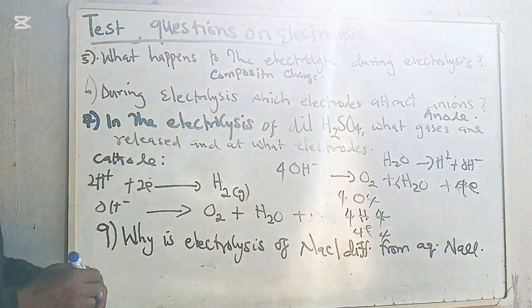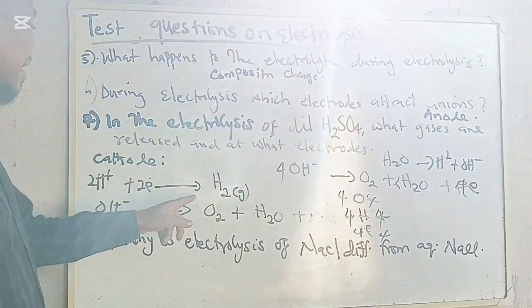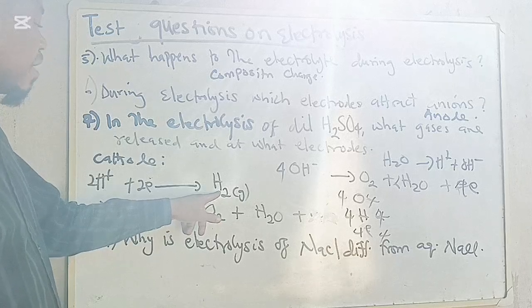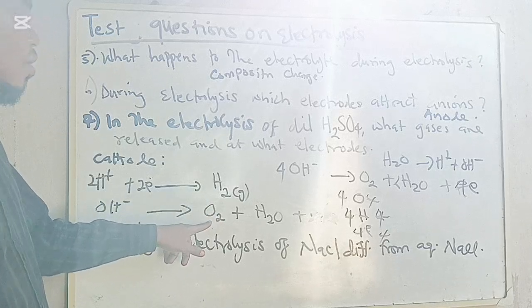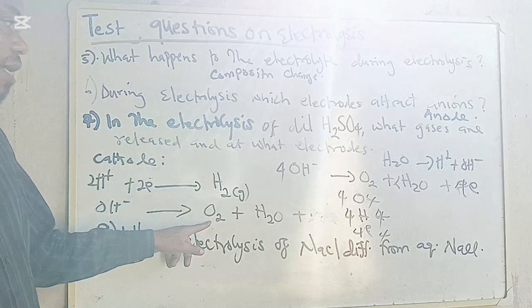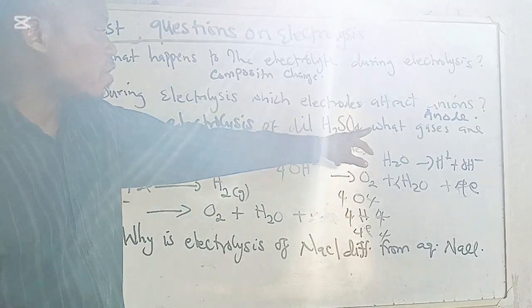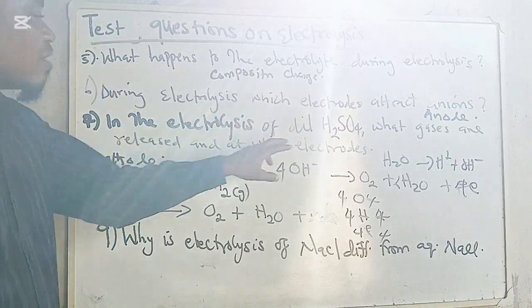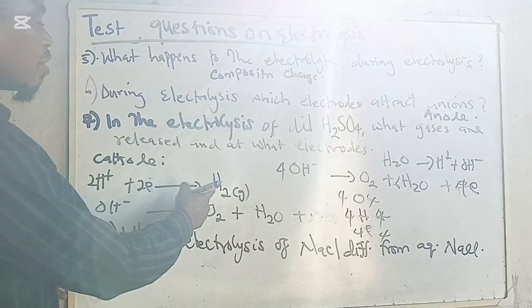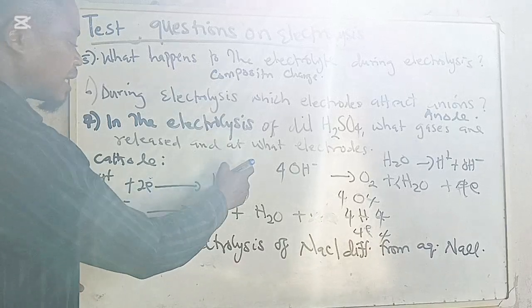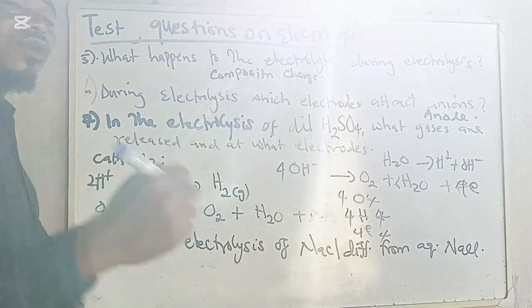And the equation is balanced. Now back to our question. It means that at the cathode, hydrogen gas will be released, and at the anode, oxygen gas will also be released. So the question, in the electrolysis of dilute H2SO4, what gases are released and at what electrode? Simply, if you got hydrogen gas at the cathode and oxygen at the anode, you are correct.